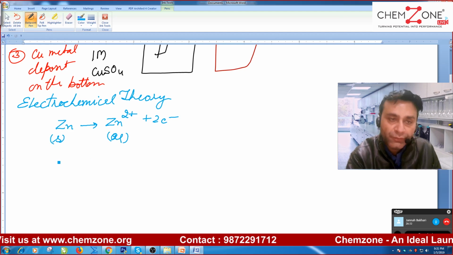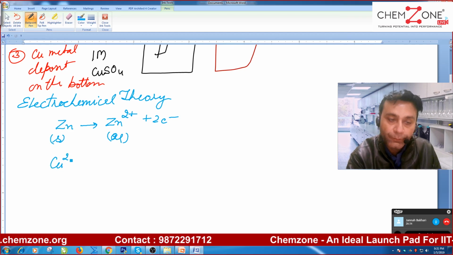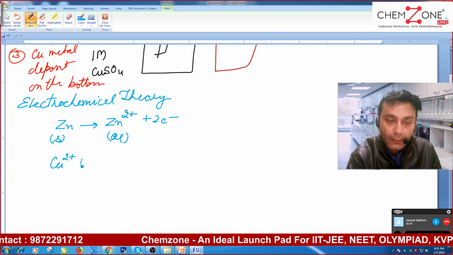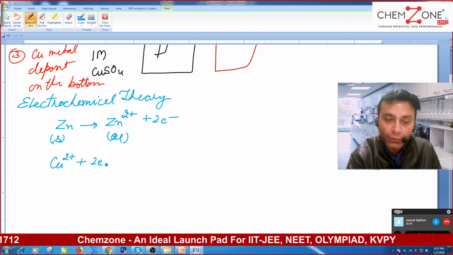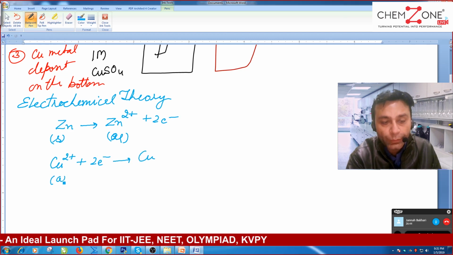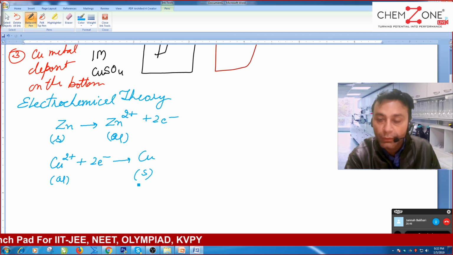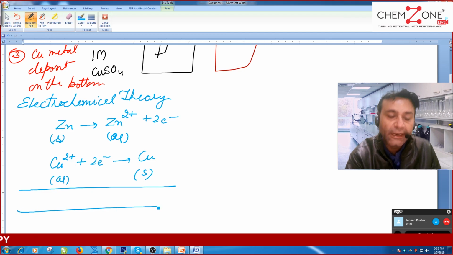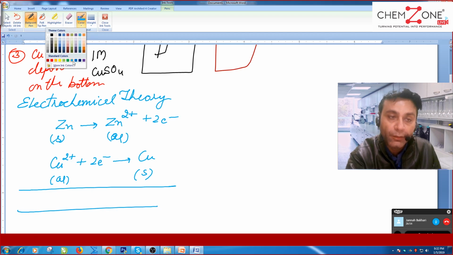And in the solution we have copper ions. They gain electrons and become copper. It means from the aqueous solution they are getting converted into solid. So electrons are lost by the zinc and gained by the copper ions.